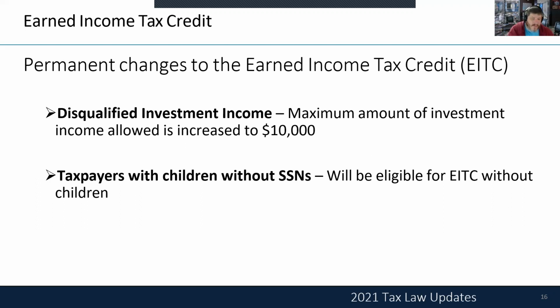So you can qualify for EIC without dependents. Your income has to be pretty low to qualify, and the credit is not very much, but you can qualify if you do not have dependents. Taxpayers who have children that have ITINs are being treated like taxpayers who do not have dependents for EIC purposes. Does that better clarify it? Yes. Okay.